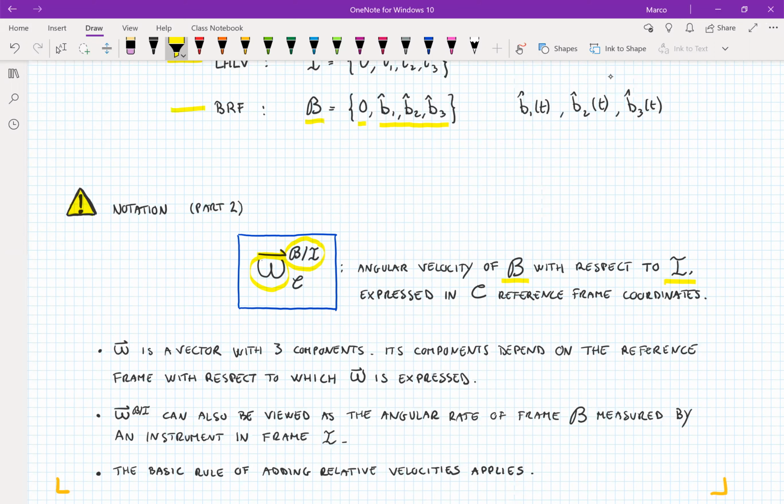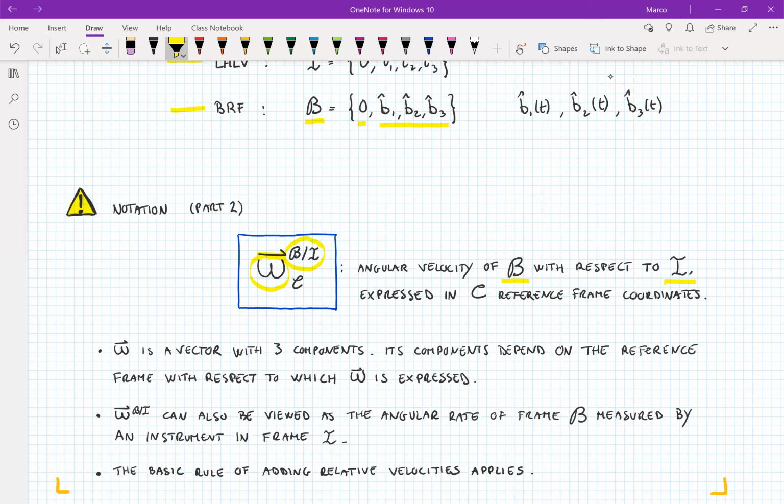And of course, if we wanted the angular velocity of the inertial frame of reference with respect to the body frame of reference, we would simply write omega of I slash B. That's just the opposite of this one, but we're interested in determining the angular velocity of the body frame of reference with respect to the inertial frame of reference. It makes sense because the inertial is fixed.